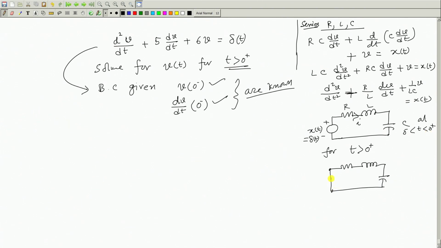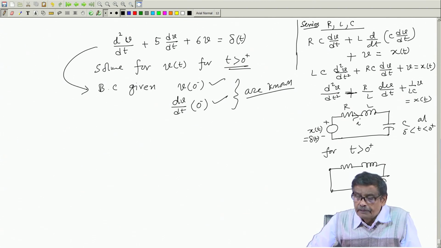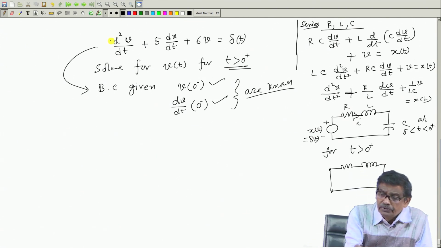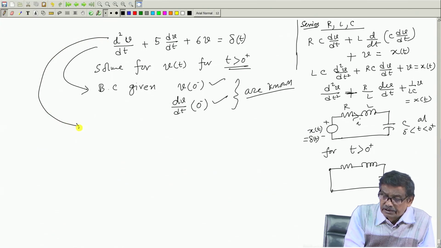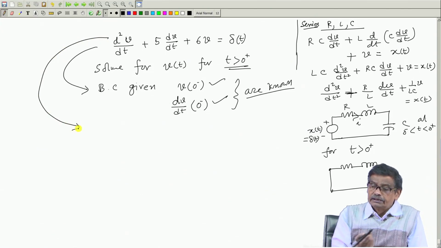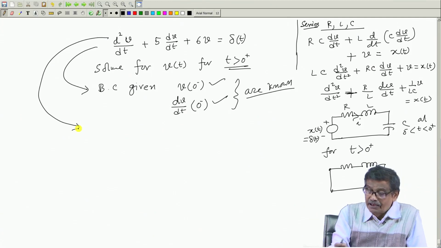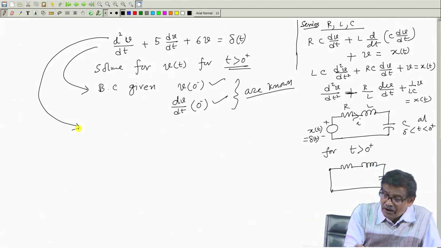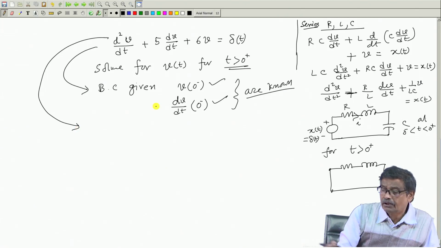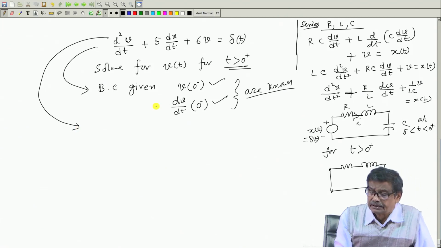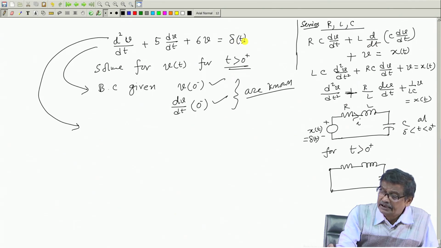So, for t greater than 0 plus, it is once again 0. Now, there were some initial conditions given to me. Because this is a second order equation, I will do it once again from fundamentals, because I have forgotten how these are related. Anyway, it will also tell you what to do, because delta(t) is there.